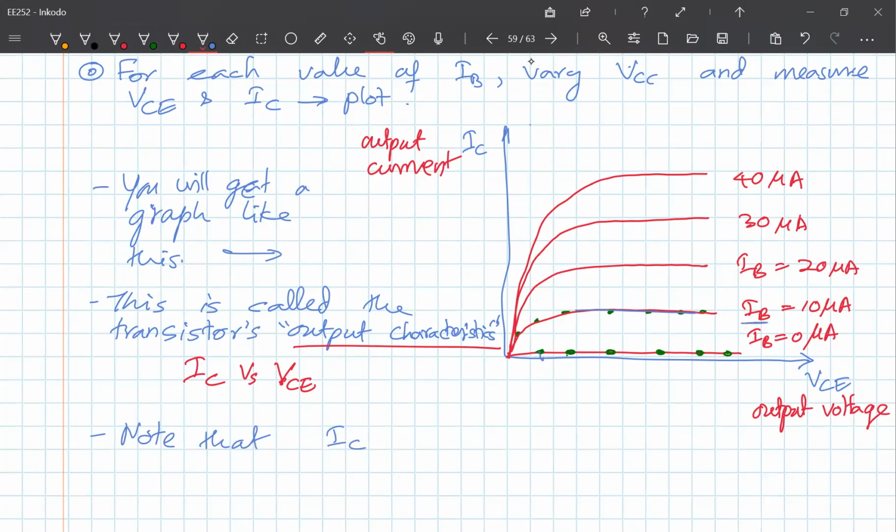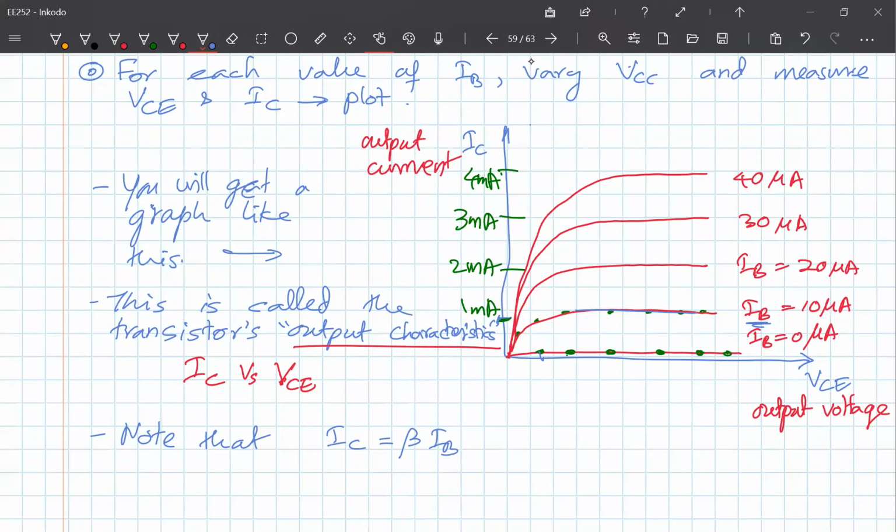So this is IC1. Let's say this value is 1 milliampere. This may be 2 milliamperes, this may be 3 milliamperes, this may be 4 milliamperes. Okay. So IC is equal to beta times IB for a certain set of values of VCE.